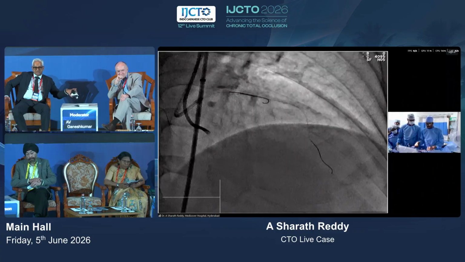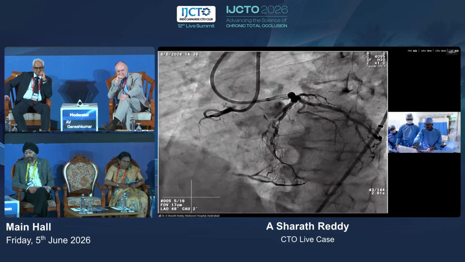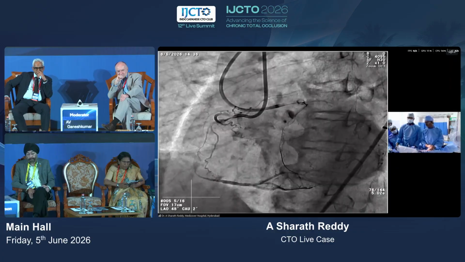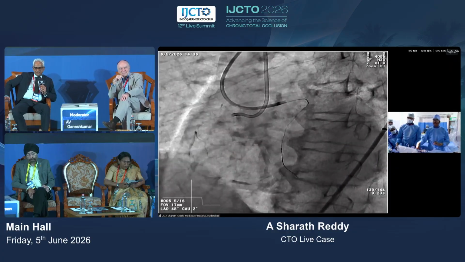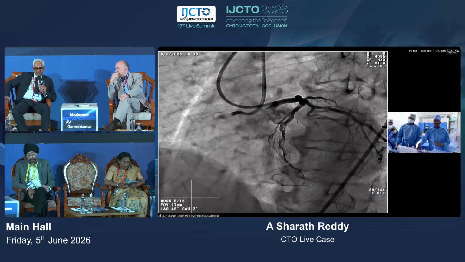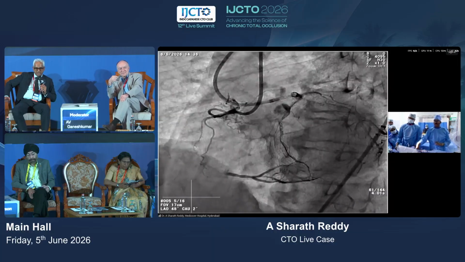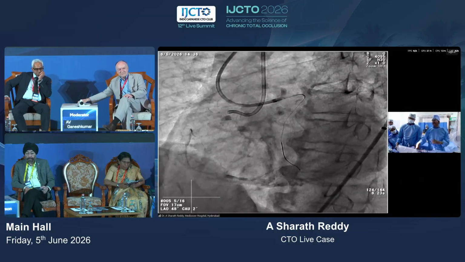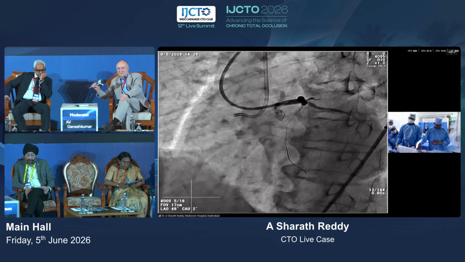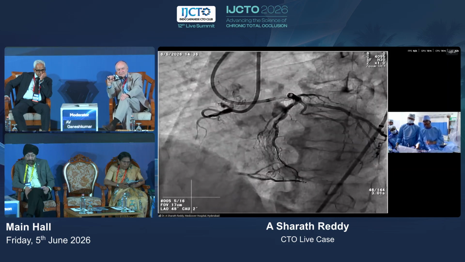Yeah, this is a dual injection. Here you injected the antegrade first. We would like you to inject the retrograde first. Antegrade, I injected a little bit early.